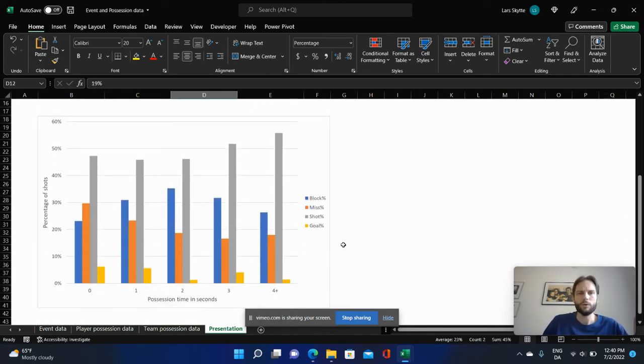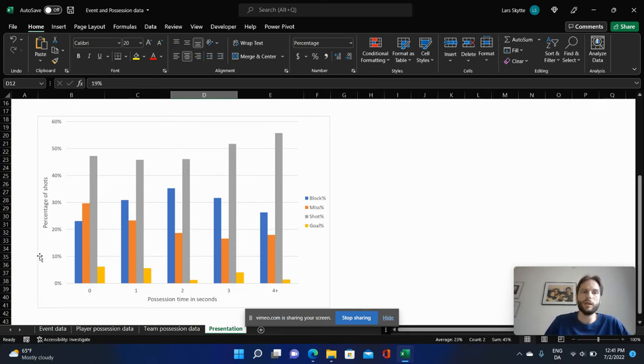The last thing I looked at was shots and shooting times. Here on the x-axis, we have the shot time. How long does the player possess the puck before shooting it? So 0 seconds clearly means that it's a first timer, or at least close to a direct shot.